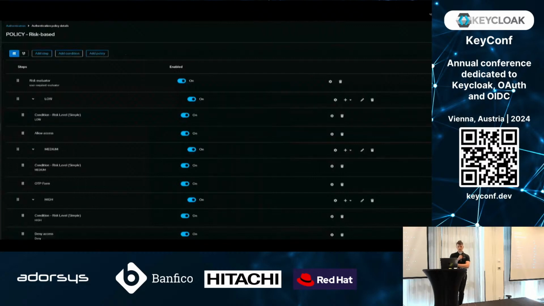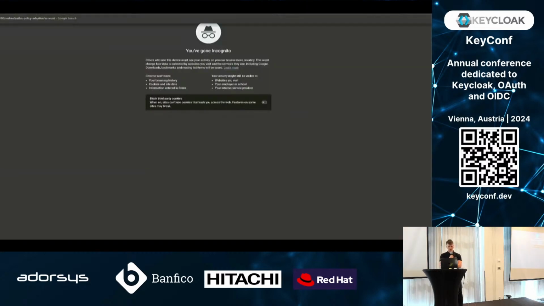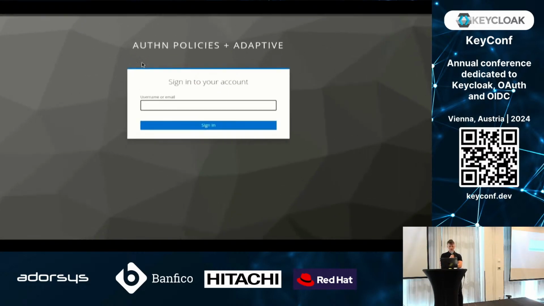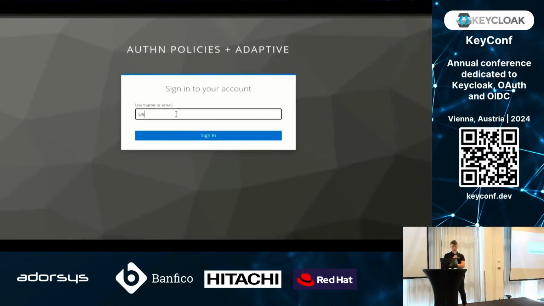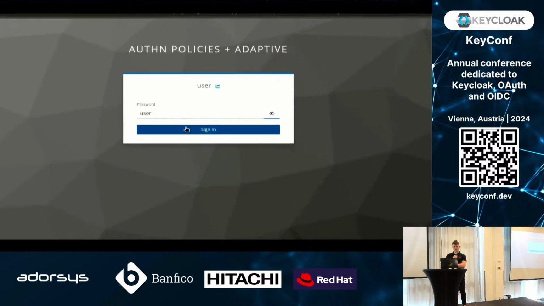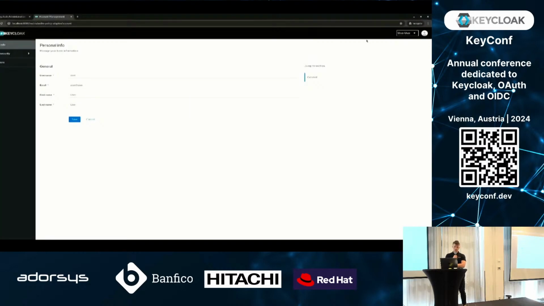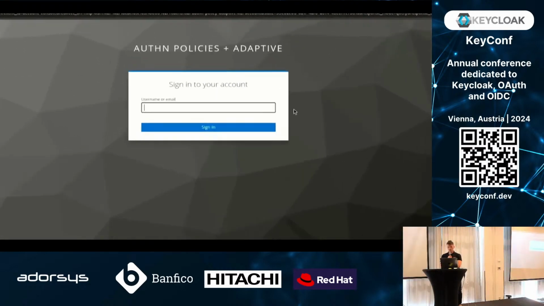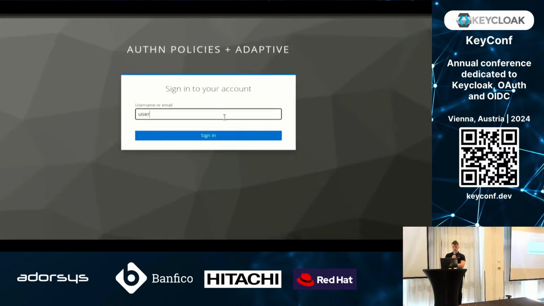We will access the Keycloak account console for the specific realm that I created. We can try it with the user and user password. There should not be any suspicious activity for it, so the user is able to access.